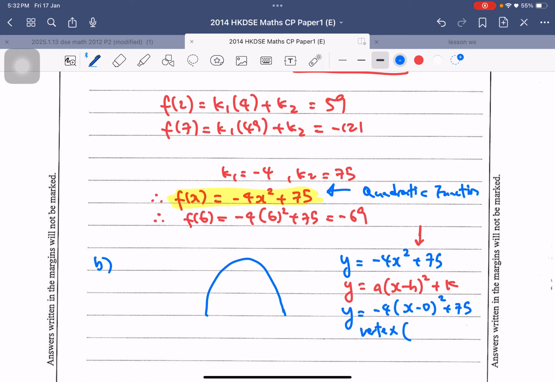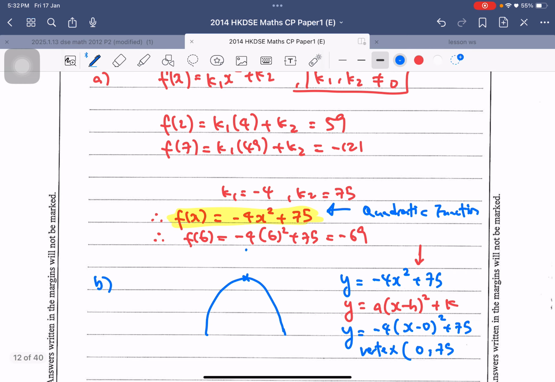The vertex is actually equal to (0, 75). So this point is your maximum point already, isn't it? That's the y-intercept, and it's also the vertex. So that's going to be (0, 75).